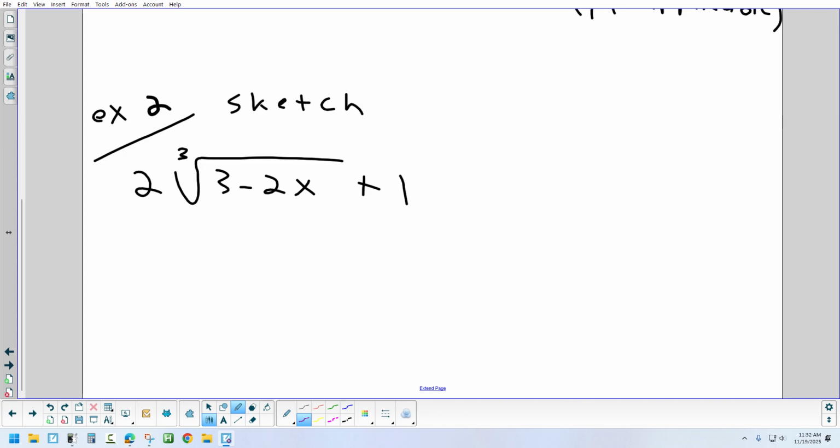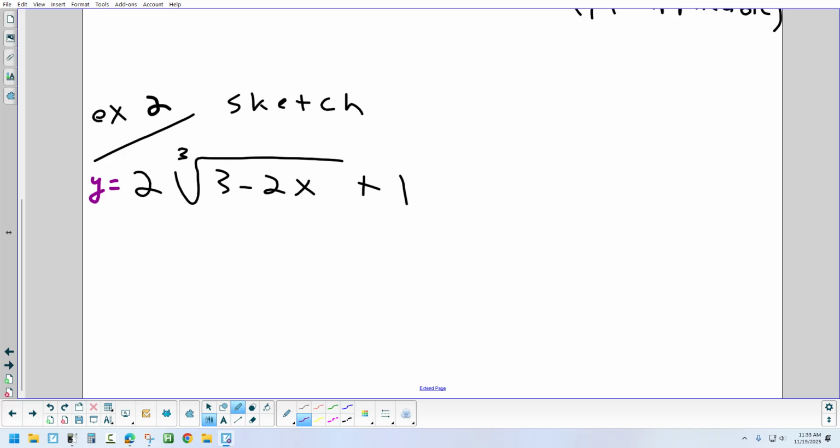What's the equation that I would write down to find the new x value for my center point? Set the equation to 0. And what would you set equal to 0? The radicand, like 3 minus 2x.